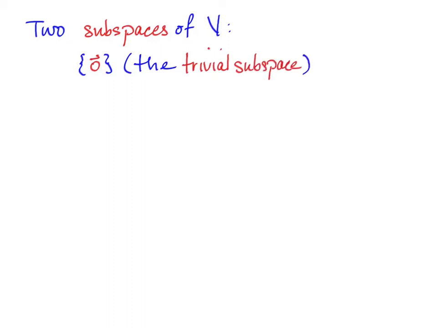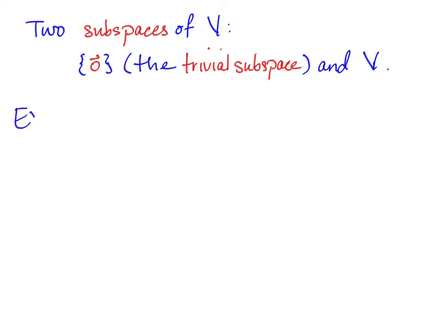The other subspace all vector spaces have is just the vector space itself, V. So V is a subset of V, and V is a vector space, so we can call it a subspace. It's a subspace of itself. So those are the two subspaces that every vector space always has. If it has any more subspaces, that is something that has to be checked.